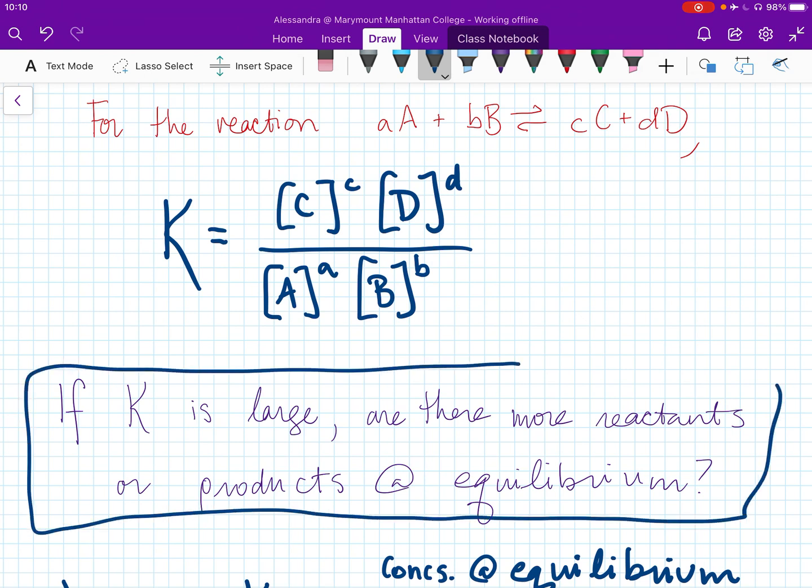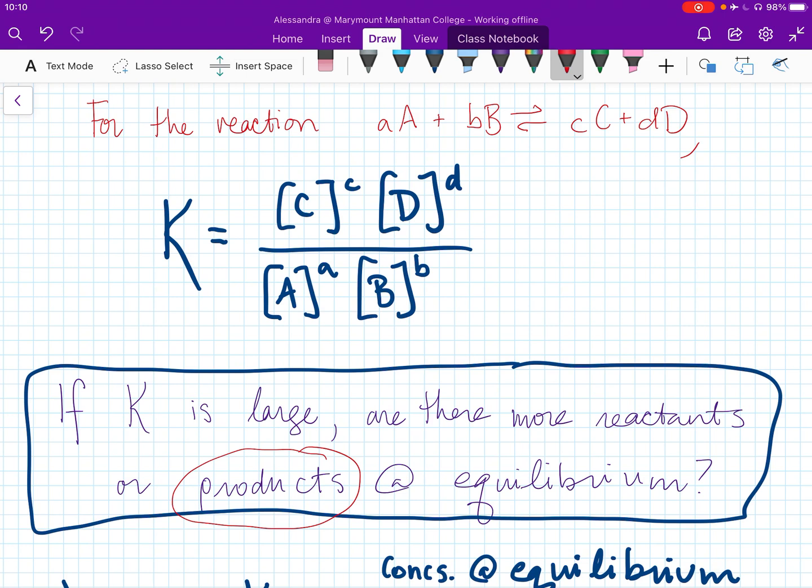If K is much greater than 1, that means the numerator is much larger than the denominator. The numerator is products, so there are more products than reactants at equilibrium, and we would say that the equilibrium lies to the right, towards the products.